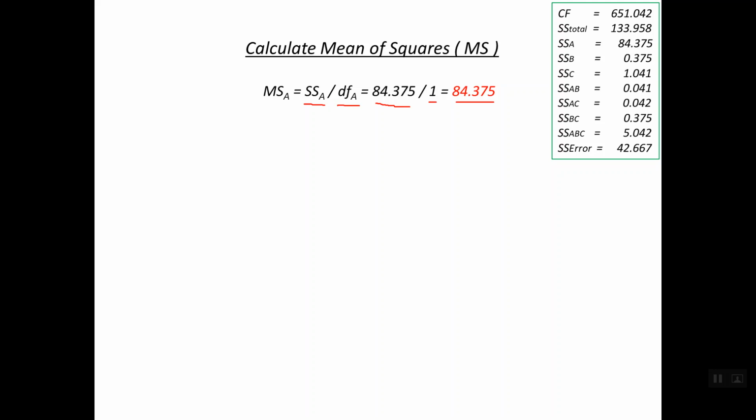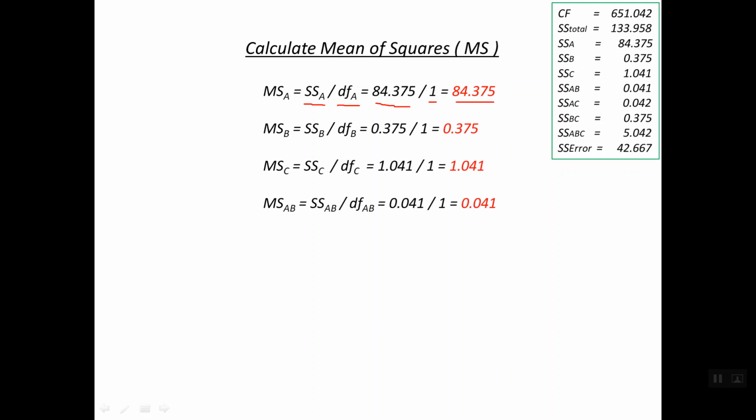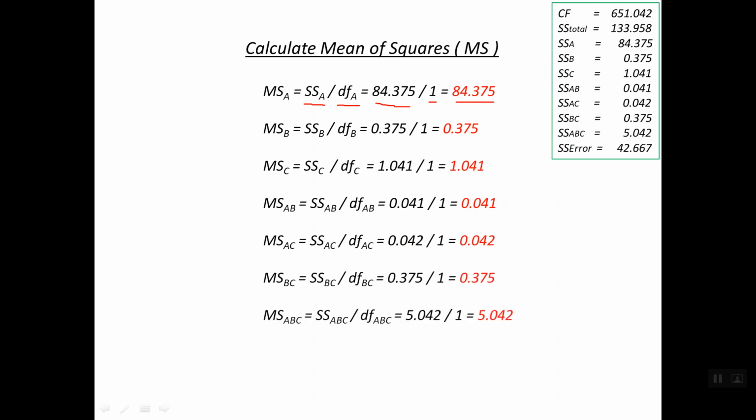So this is the mean square for factor A. The same procedure for B and C, and for the interactions between A and B, and A and C, and B and C, and between all the three factors.